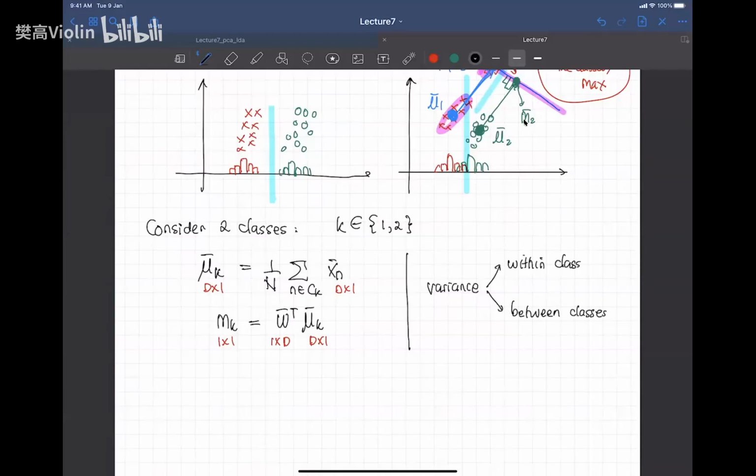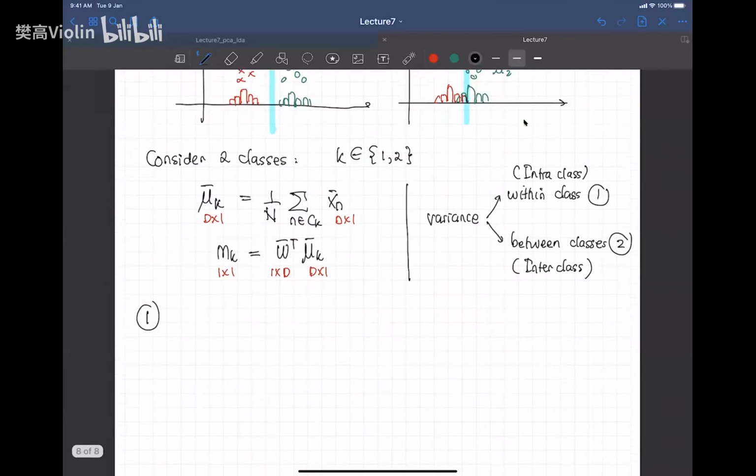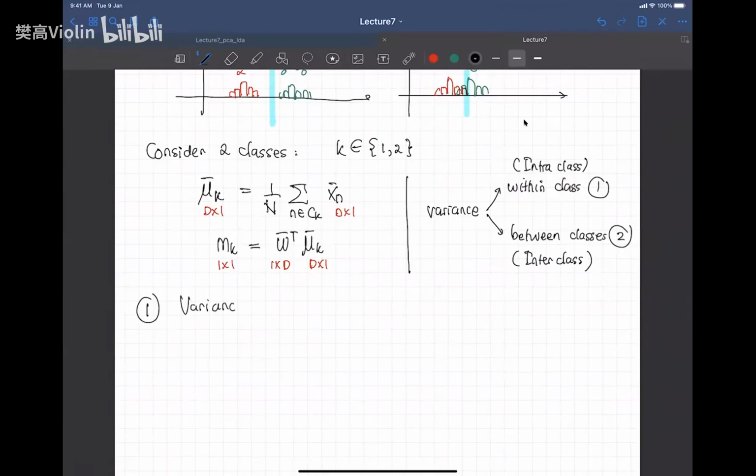This is what I call intra-class, inside the class, and this one is inter-class, between classes. So let's look at number 1. Number 1 is variance within a class.